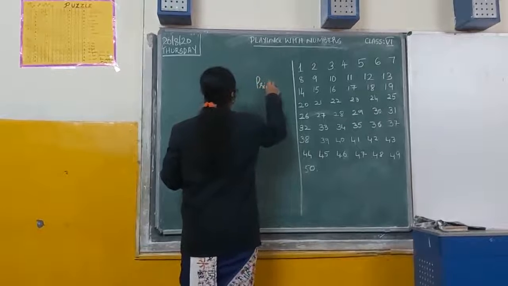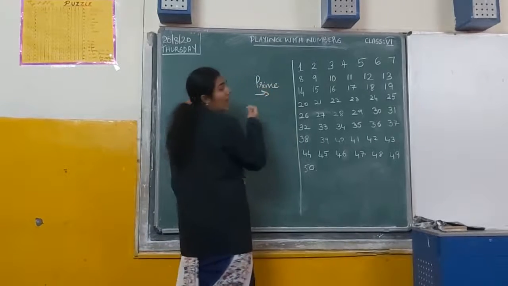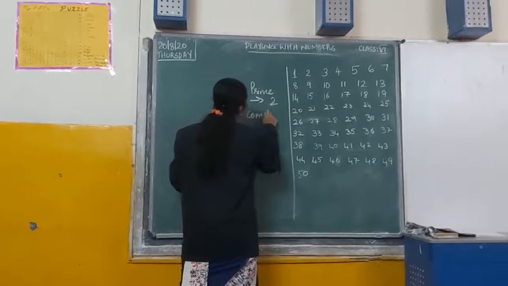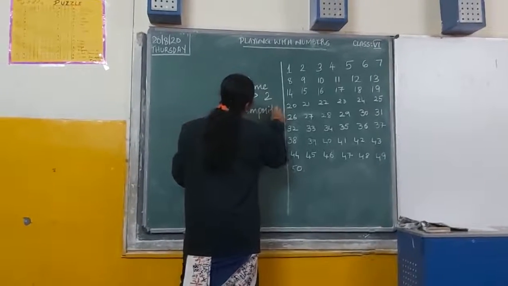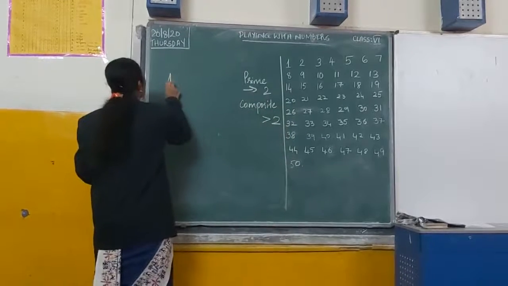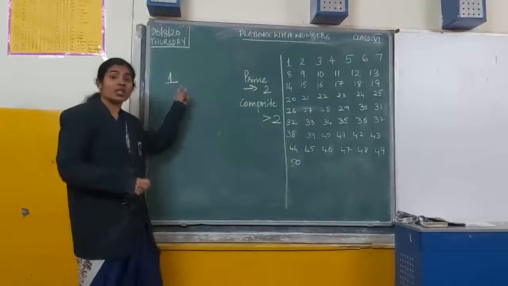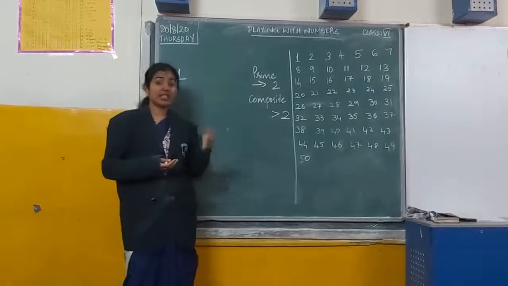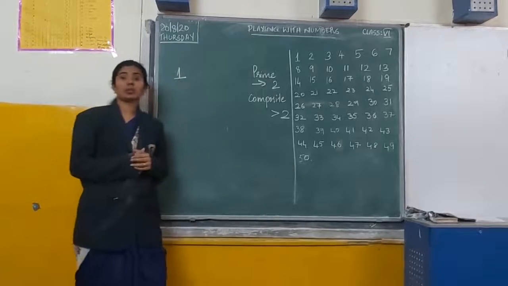Prime numbers: the total number of factors is 2. Composite numbers: how many factors? More than 2. What about number 1? Is it a prime number or a composite number?